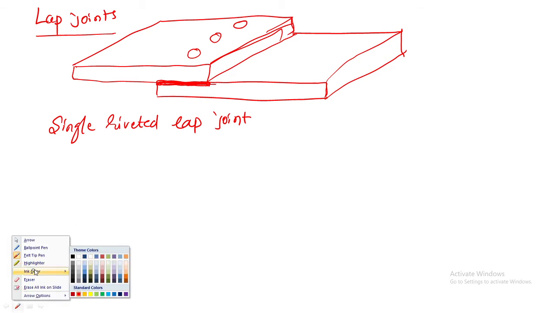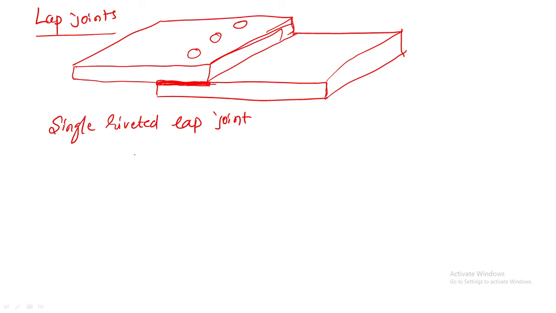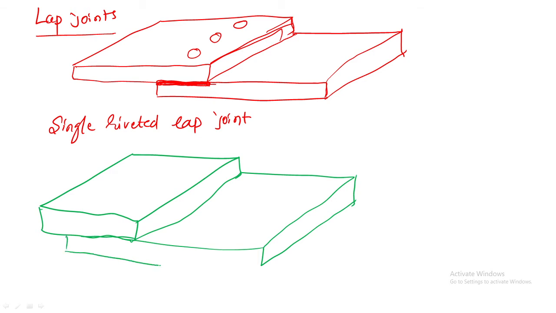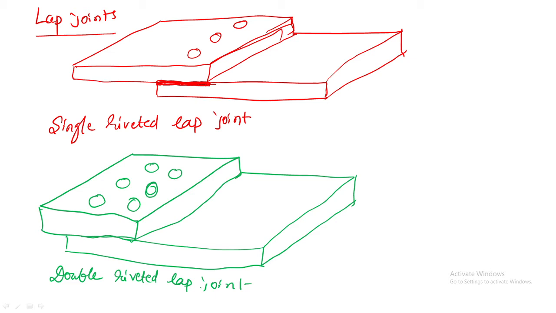Suppose if two rows are placed here, then this is called a double riveted lap joint.